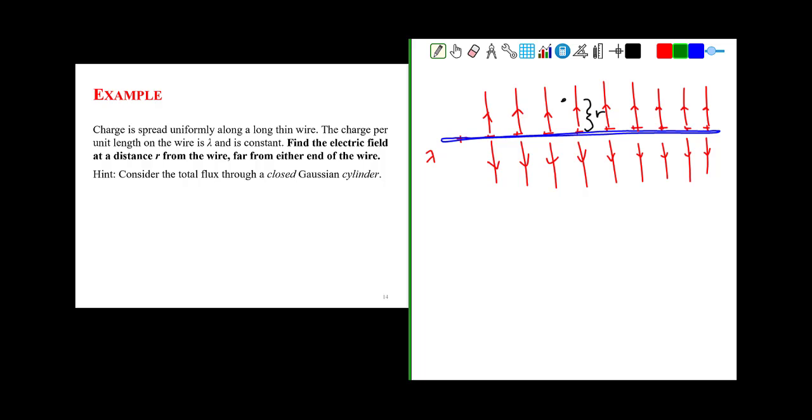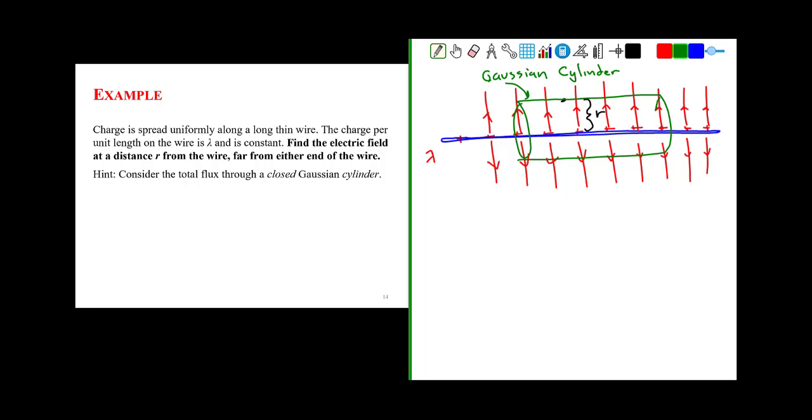So let's take a cylinder that has a radius given by the distance between the point and the line of charge. This cylinder is our Gaussian cylinder. It is not a real surface in space, it's a mathematical surface in space. Gaussian surfaces don't have to be real surfaces.